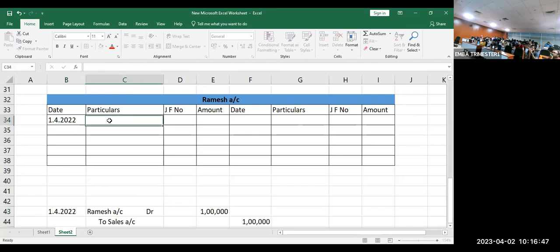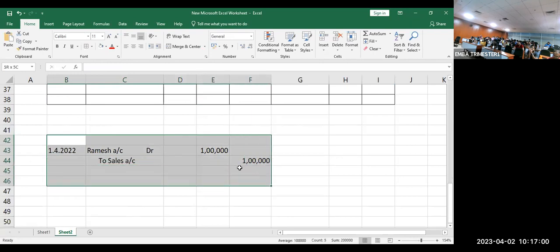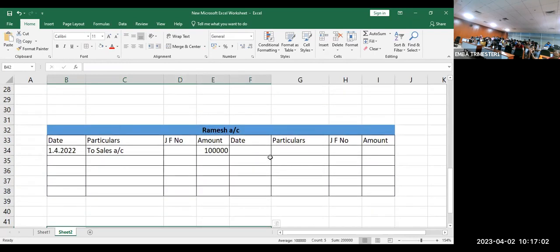To sales, 1 lakh. Without even doing this, you can simply have this Ramesh account as a ledger. Whenever goods are sold to Ramesh, you can write it in the debit side.